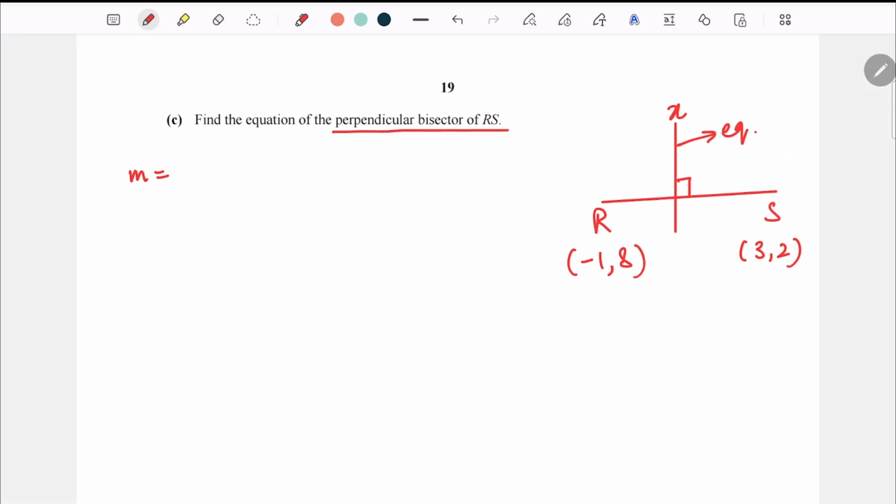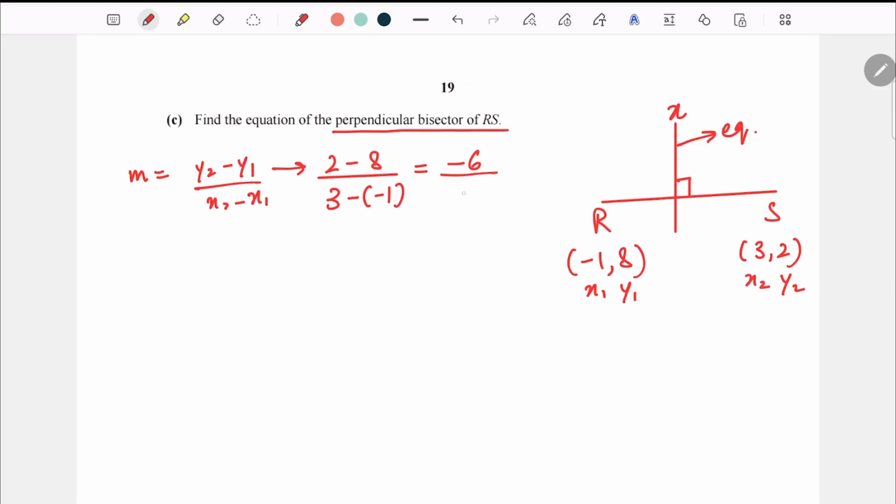Gradient of RS is y2 minus y1 over x2 minus x1. This is equal to 2 minus 8 divided by 3 minus 1. So this will be equal to 2 minus 8 is minus 6, divided by 4. Final gradient will be minus 3 over 2.